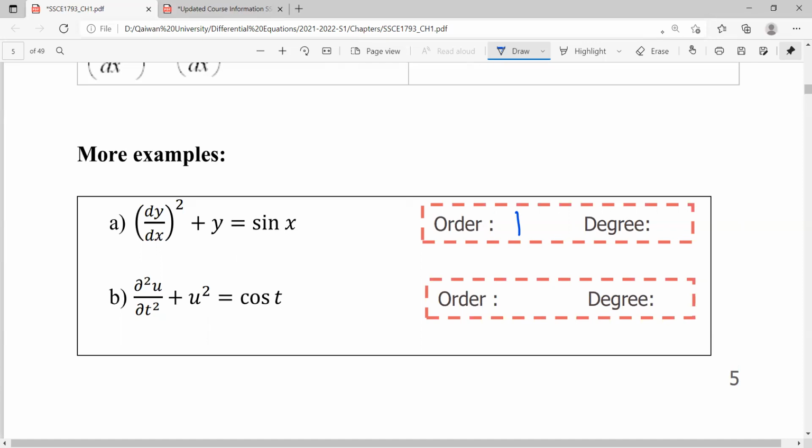Degree is the power of that highest derivative, which is 2. Then we have partial squared u by partial t squared plus u squared equals cosine t. Here, the order is 2. How about the degree? It's 1, since it has no exponent, meaning its exponent is 1. Okay?